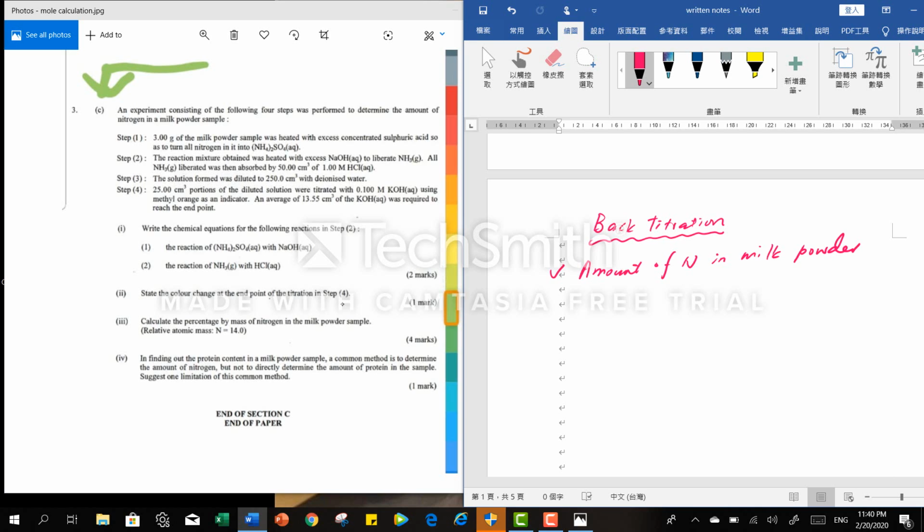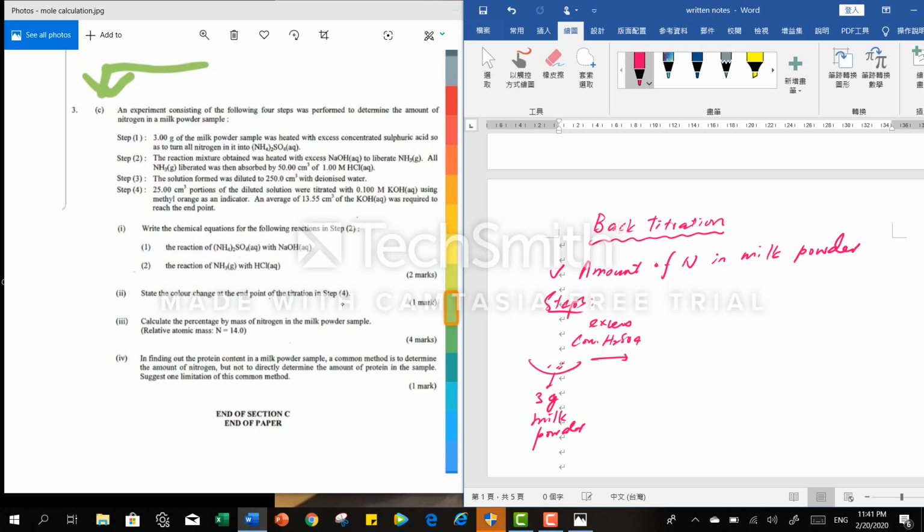3 grams of the milk powder was heated. Now we can draw some simple diagrams to help us understand the question more. You have 3 grams of milk powder, then heated with excess concentrated sulfuric acid.